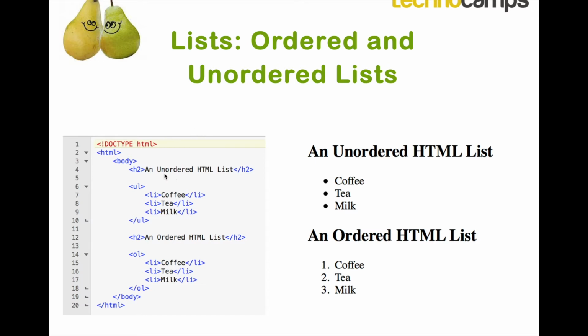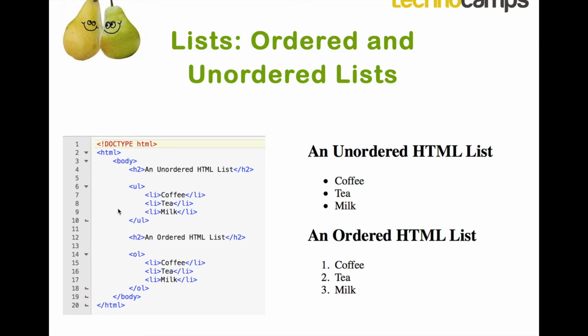As you can see, ignoring the H2, this is just creating the heading or subheading. As we can see, we've got the UL tag being used here. Here's the start tag and the end tag, and in the middle we've got the LI tag, which stands for list items.